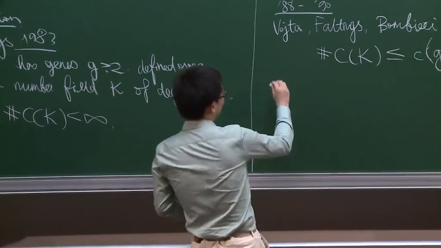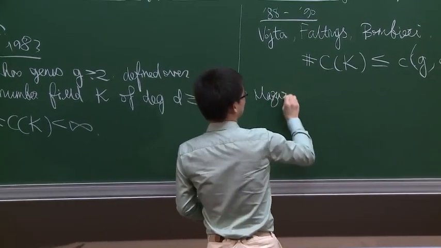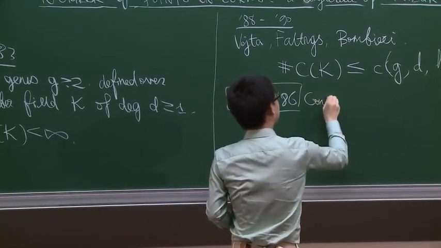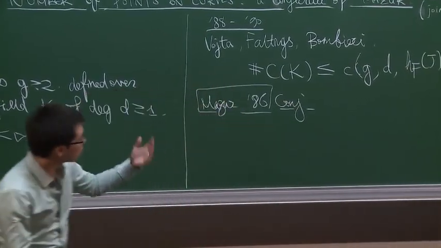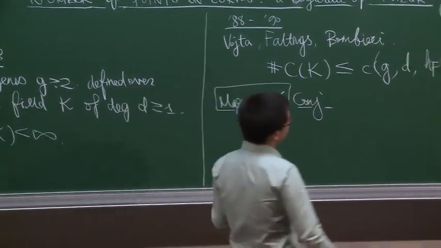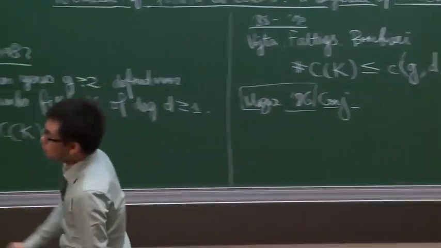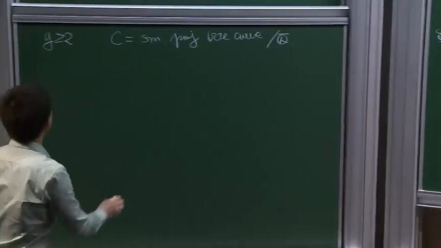Mazur asked the following question. First of all, in '96, this is a conjecture. Later on, it was simplified. I will state it in its most general form, maybe here, because this is the conjecture I'm going to study.